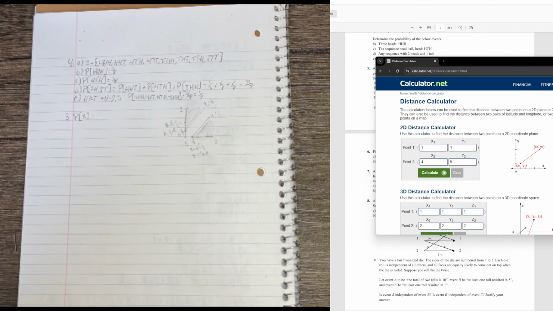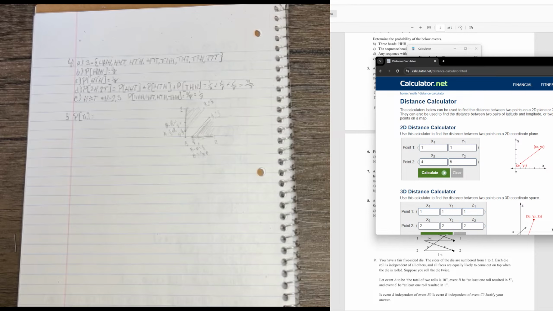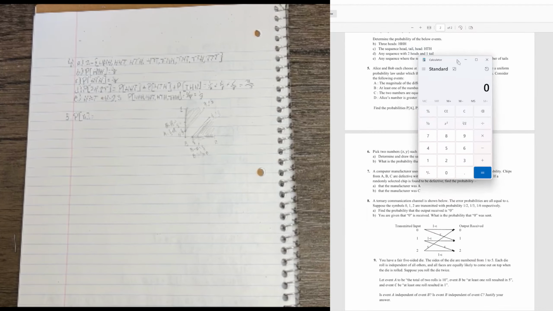Okay, that's fine then. We'll just have to deal with not being able to see the calculator. Sorry. I don't need this, do I? No. I can just exit that out. We're still working on number 5 here.